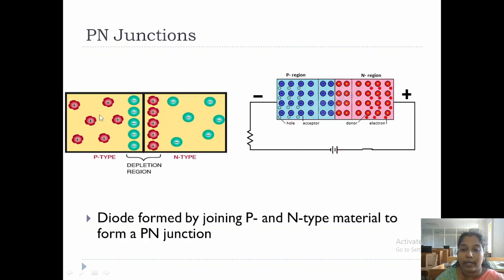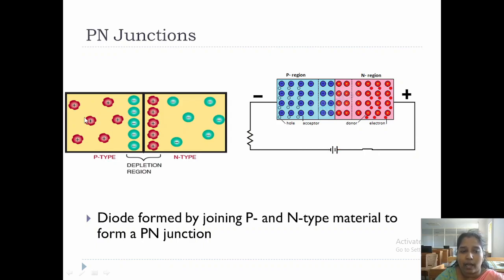When the electron enters the P-type region, it recombines with the hole of a trivalent atom, and after capturing the electron, this trivalent atom becomes a negative ion. So every time an electron diffuses from the N side to the P side, it creates one positive and one negative ion near the junction.